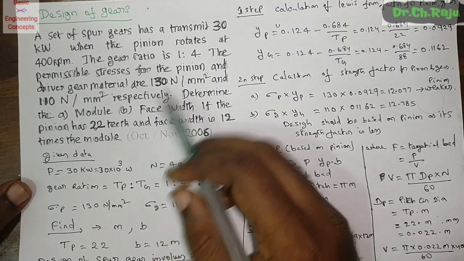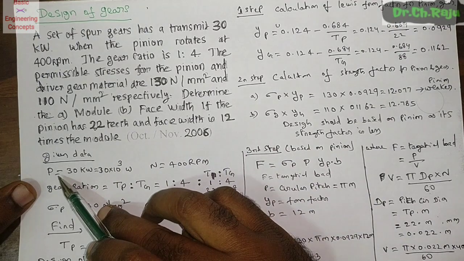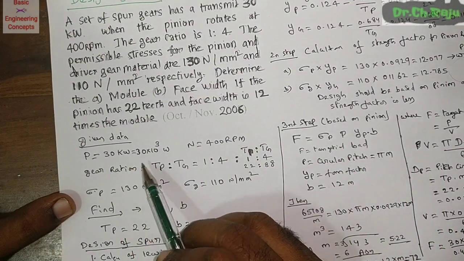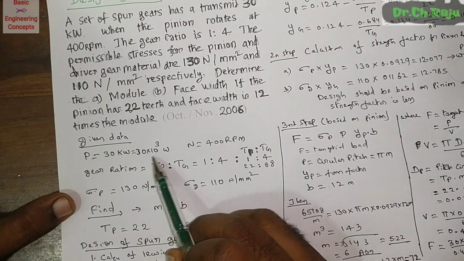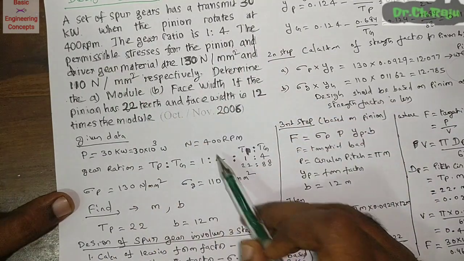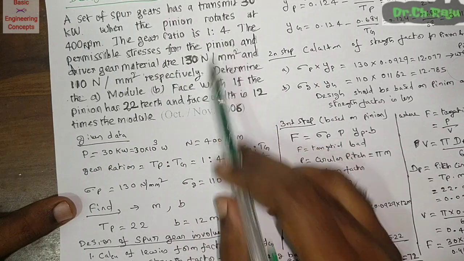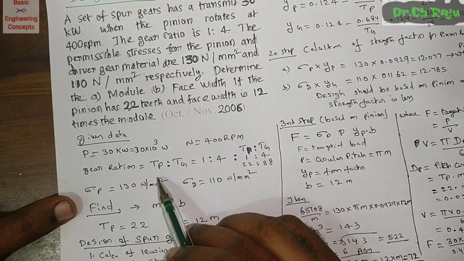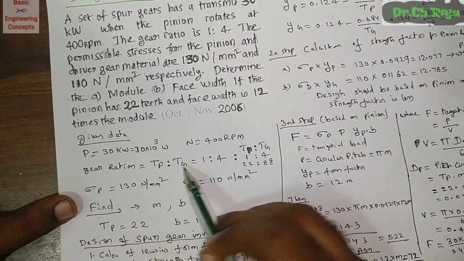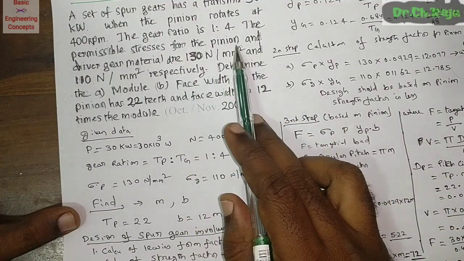Here the given data is: the gear is to transmit power, that is P is equal to 30 kilowatts. Then it is converted into watts, that is 30 into 10 cube watts, and speed is given, that is n is equal to 400 rpm. The gear ratio, that is in the gears there are pinion and gear, TP is to TZ is equal to 1:4, and stresses are given for the pinion and gears.